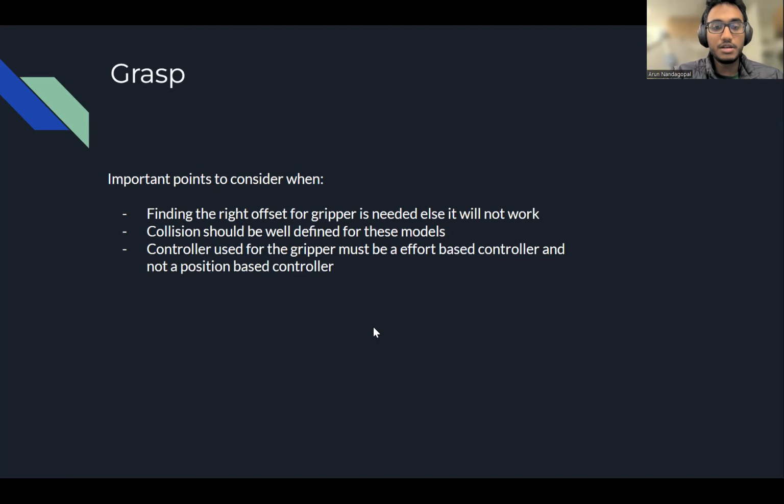But in reality, we would have to apply an extra amount of force in order to grasp it. So the effort controller provides that force which develops the frictional force which we use for grasping, and that's exactly why we need to use an effort-based controller and not a position-based controller for the gripper.